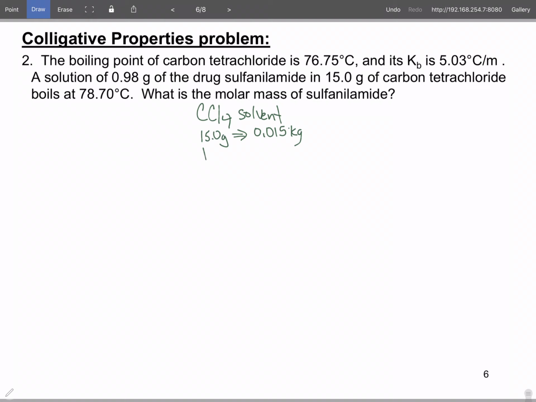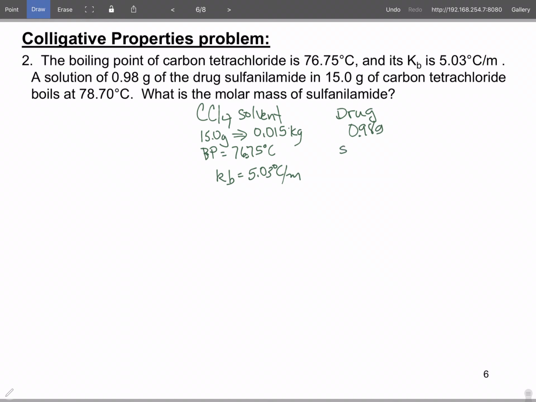We're told that the boiling point is equal to 76.75 degrees C. We're told that the Kb is equal to 5.03 degrees C per molal. We're told that our drug, sulfanilamide, is 0.98 grams.